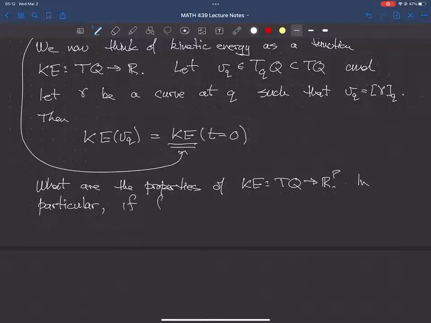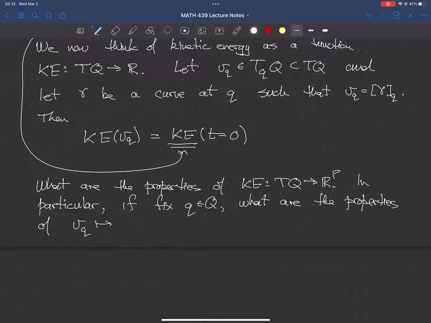In particular, if we fix Q, what are the properties of kinetic energy as just a function on the tangent space at this fixed Q?